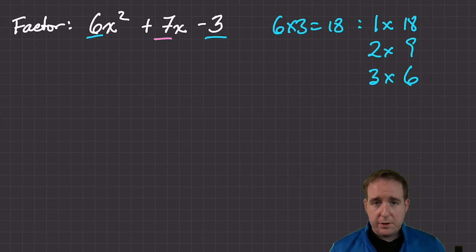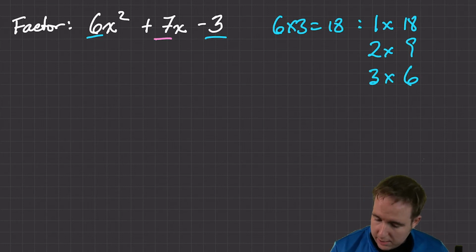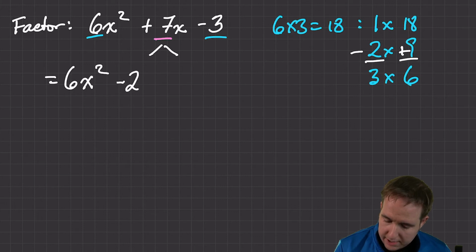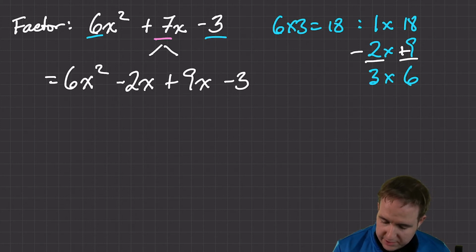This is the video on factoring trinomials, the second one. And if I put a 9 and a 2 together as +9 and -2, so I can separate these, 6x squared minus 2x plus 9x minus 3, divide this down the middle.